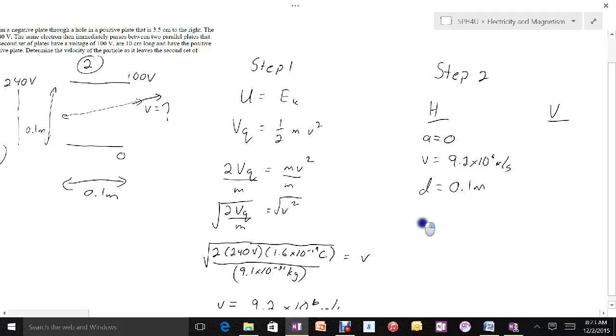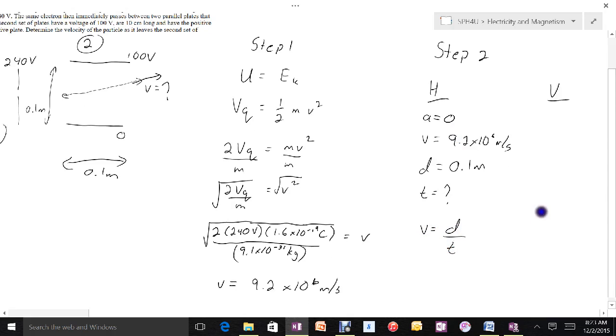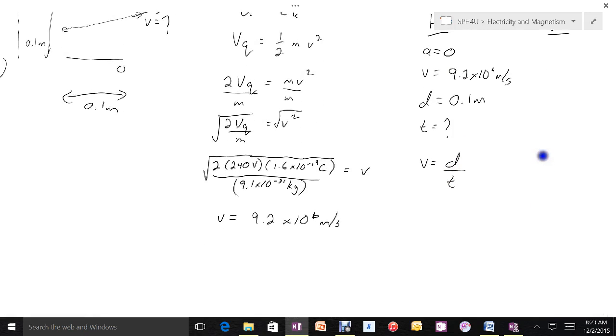Since we have no acceleration, the thing that always connects the two dimensions in a projectile problem is the time, and since we have no acceleration, we can use the simplified uniform motion equation that the velocity is equal to the distance over the time, or the speed is equal to the distance over the time. So 9.2 times 10 to the 6 meters per second is equal to 0.1 meters divided by the time, multiplying both sides by time.